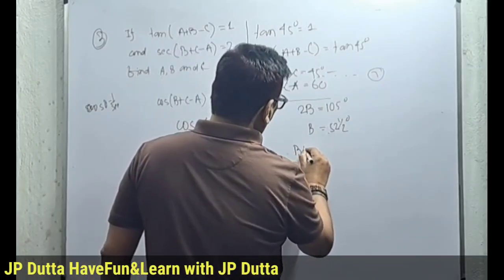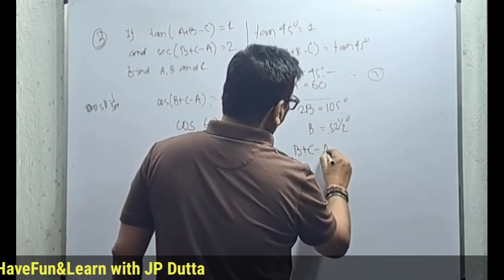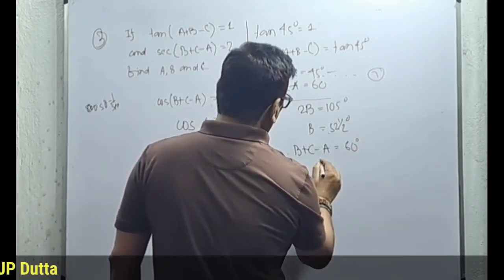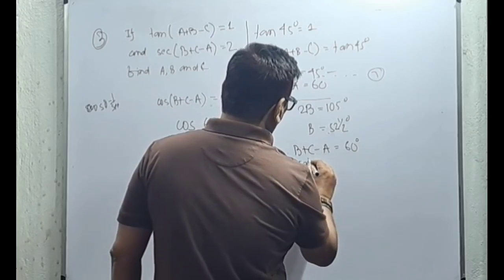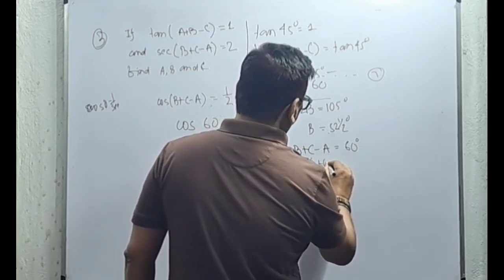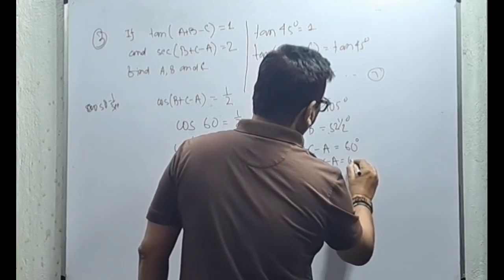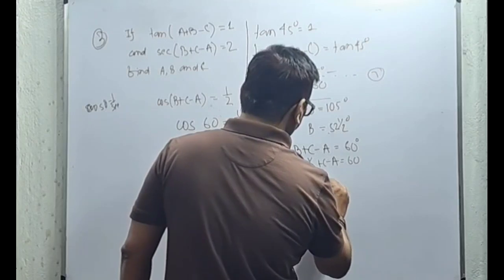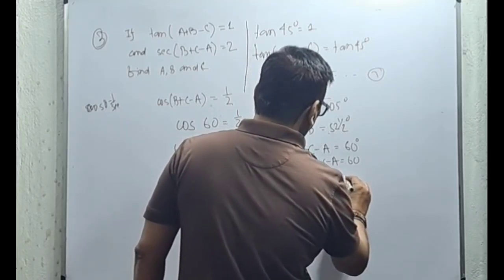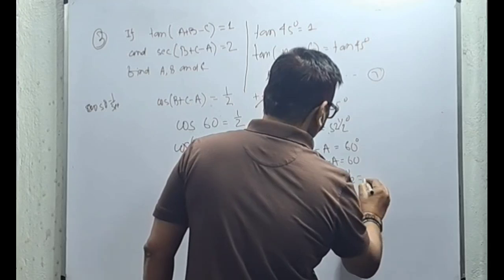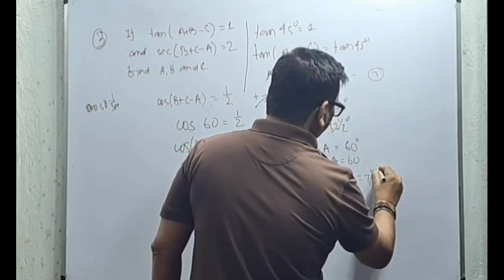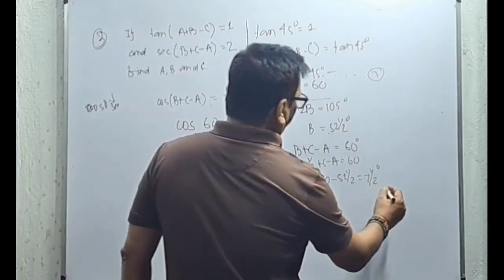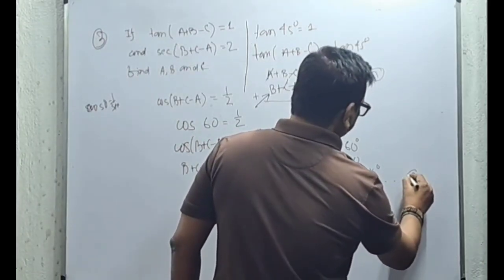B plus C minus A is equal to 60 degree. Therefore, B is 52 and a half plus C minus A is equal to 60 degree. So C minus A is equal to 60 minus 52 and a half, which is equal to 7 and a half degree. Understood? This is our equation number 3.